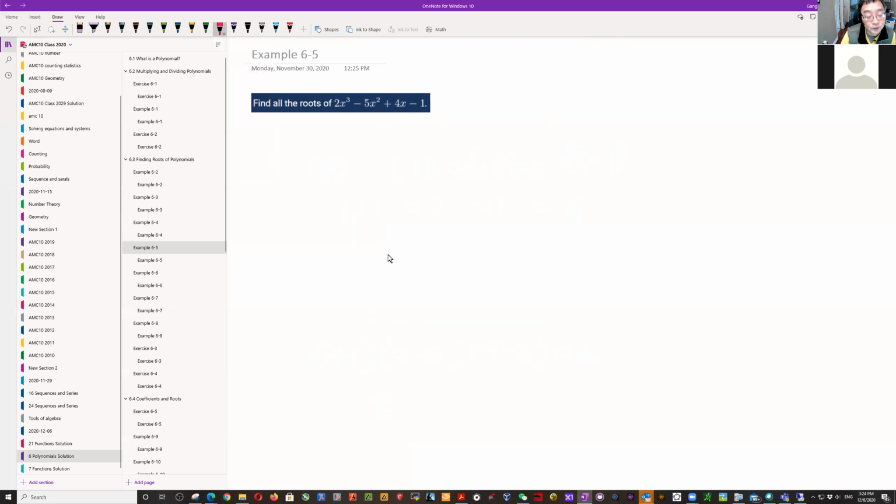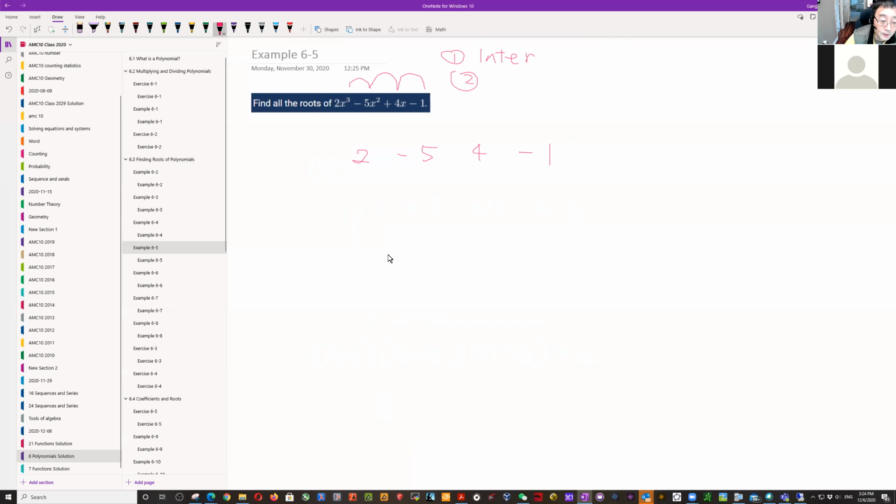So find all the roots. First we find that it's all integer coefficients, all descending, so there are no missing terms. We write it here: 2, -5, 4, and -1.